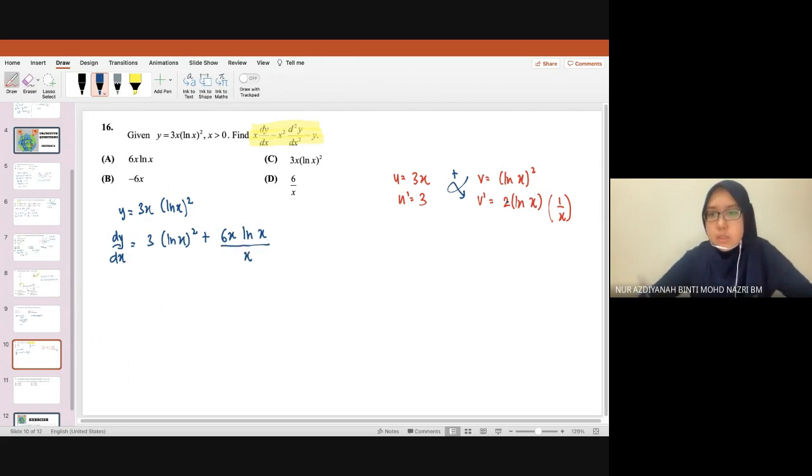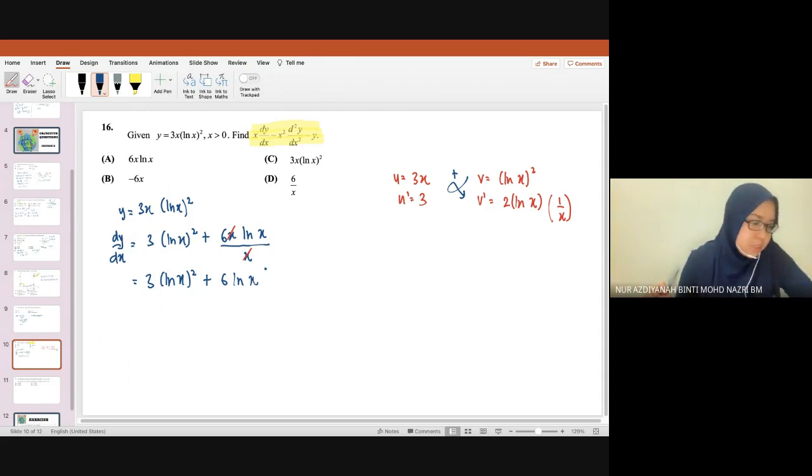So over with x. Okay, so 6x ln x over x. So next step kita boleh simplify lah kita punya x kat sini. Alright, we can simplify that x over there. So nak simplify further for this one, kita just akan ada balik 3 ln x all square plus 6 ln x lah macam ni. Okay, 6 ln x plus 3 ln x all square.